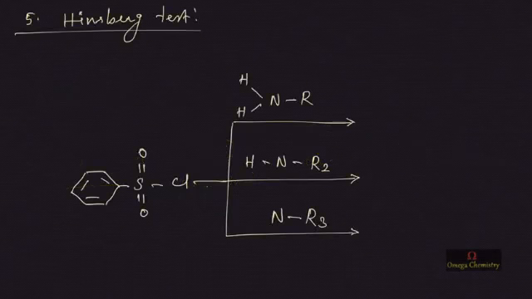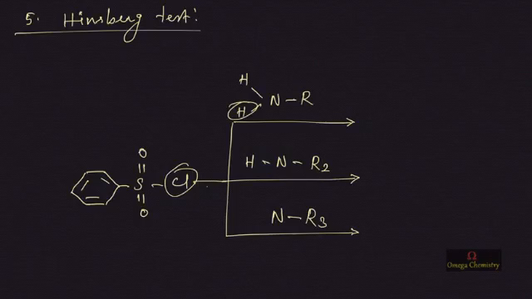The last test is the Hinsberg test for amines. Benzene sulfonyl chloride is the Hinsberg reagent, using which I can differentiate primary, secondary and tertiary amines. When Hinsberg reagent is made to react with a primary amine, this chlorine and this hydrogen will be eliminated as HCl, and this is a condensation reaction.